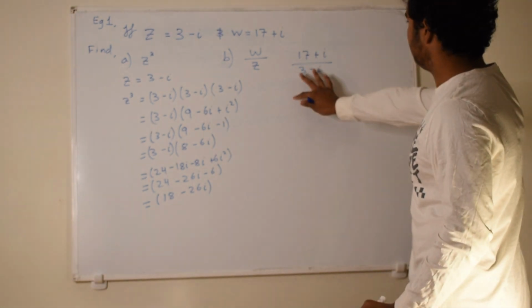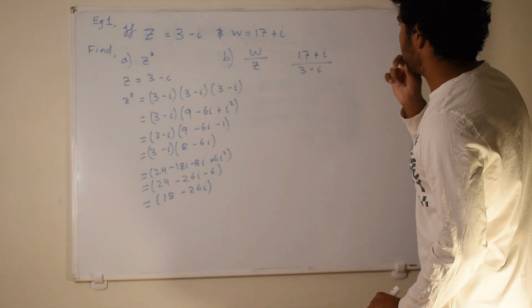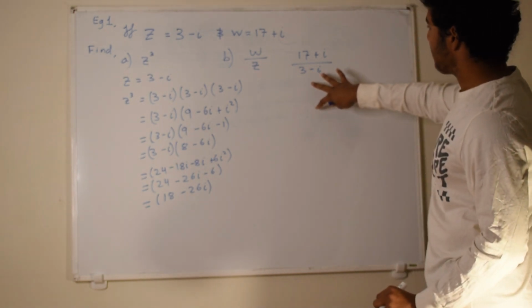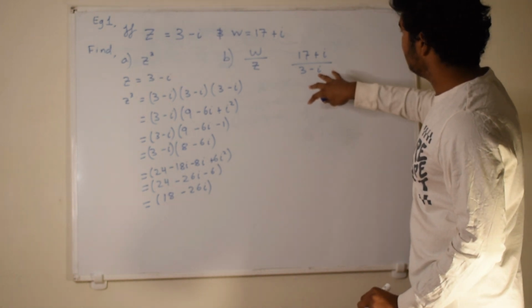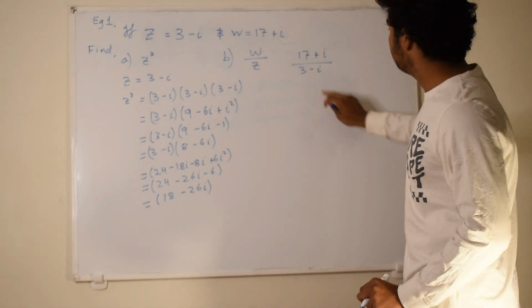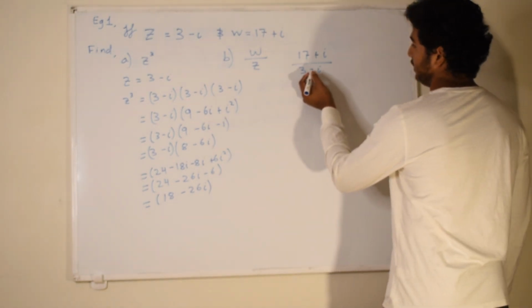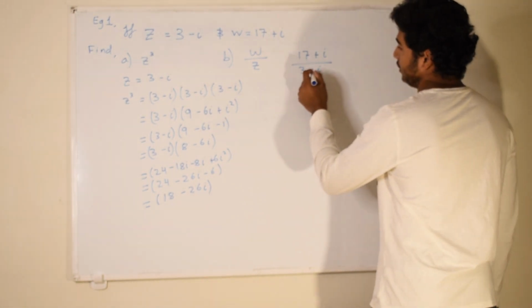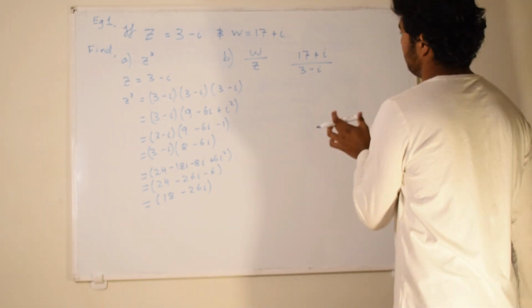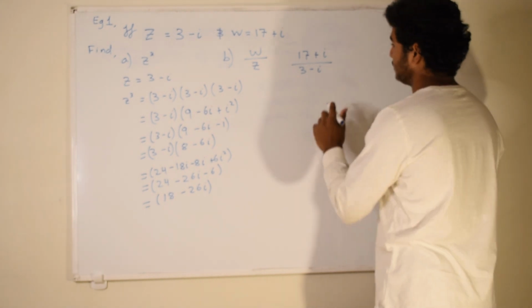So here, the best way would be to multiply by the conjugate of the denominator. So if we multiply by this, the bottom cancels out the i's and you get a real number at the bottom. So the imaginary part gets cancelled.